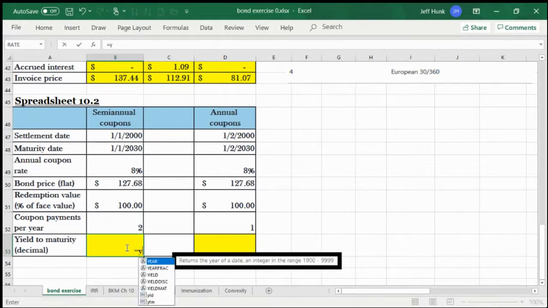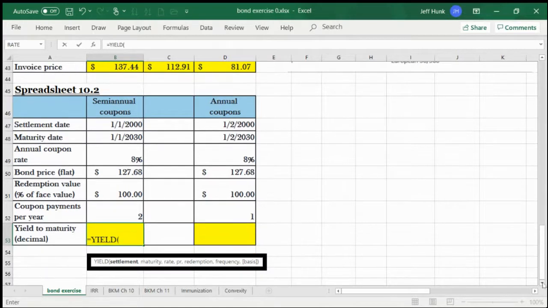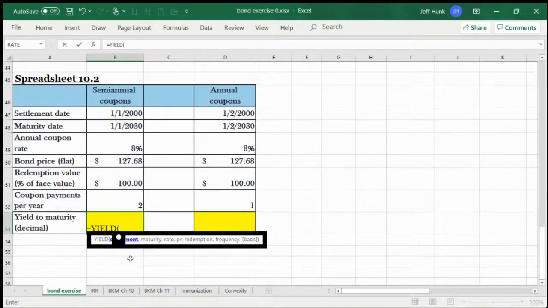So here, let's use yield. The yield function comes up. Okay, I can do it this way, or using the function symbol. We'll keep doing it this way because the variables that must go in there are already shown.